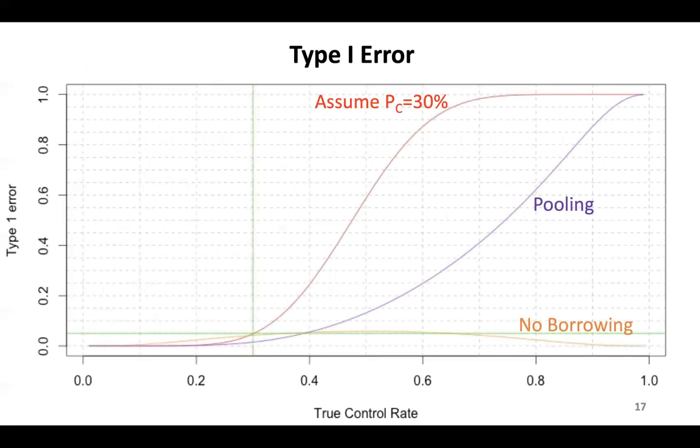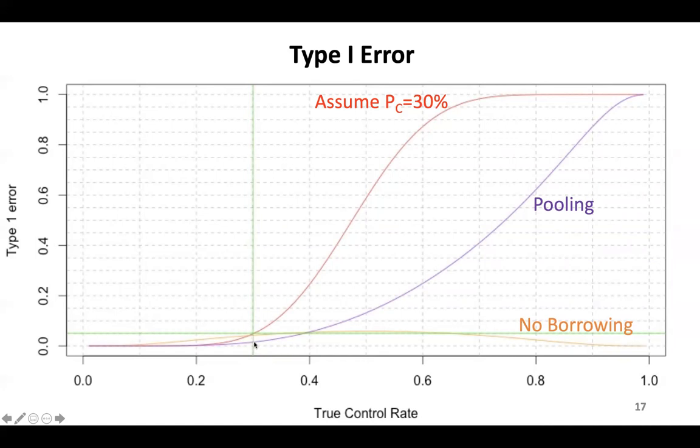On this, I've graphed the same type 1 error and the same power, comparing to the 2 previous alternatives. The pooling is in purple here. That shows the type 1 error. So rather than assuming we know the rate is 30%, we're using 3 observations out of 10.